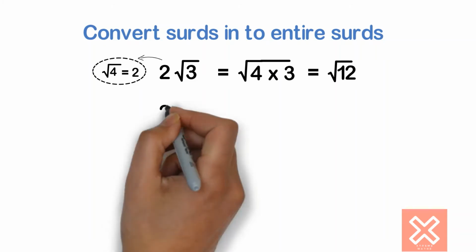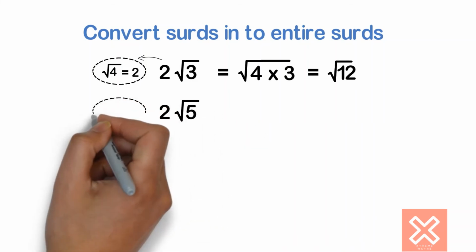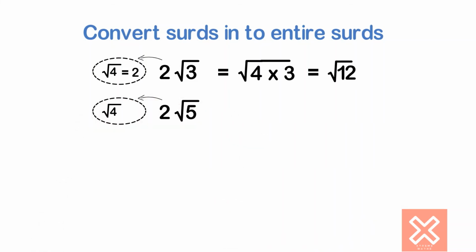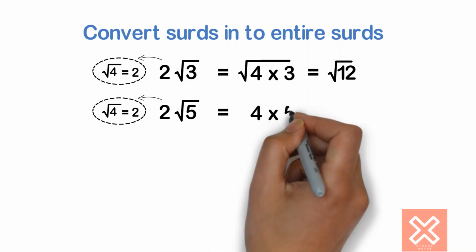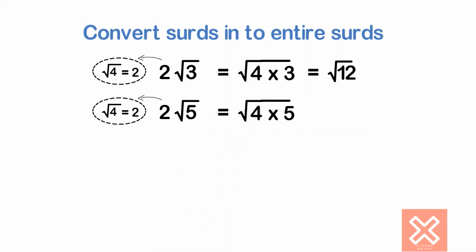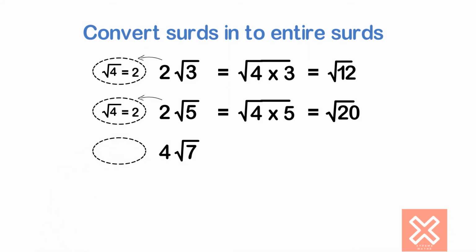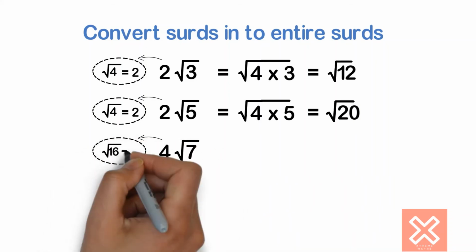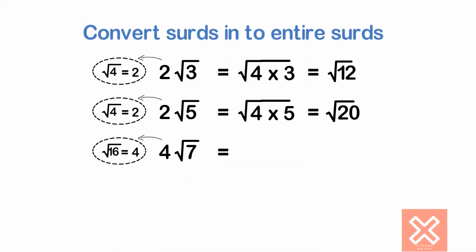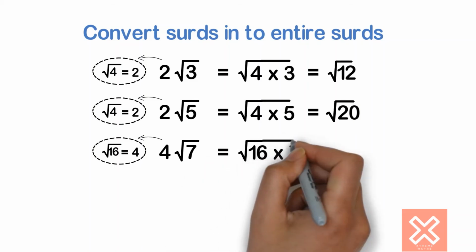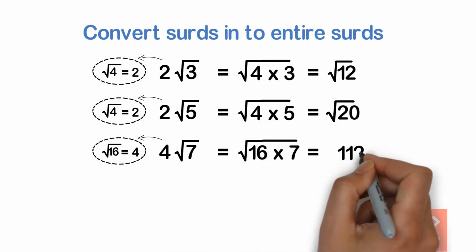Example 2: 2√5. 2 is the square root of 4, so you can write √4 times √5, 4 times 5, √20. Now write this also as an entire surd: 4√7. 4 is the square root of 16, so you can write √16 times √7, and the answer is √112.